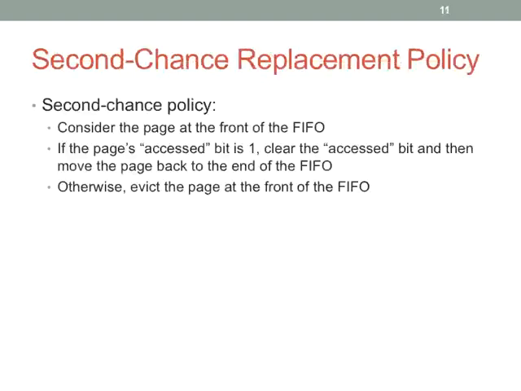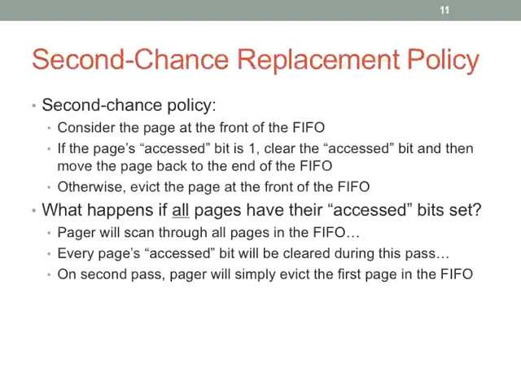That's the interesting thing about second chance, a little implementation detail. So here's the question: what happens if all pages have their access bit set? That's pretty easy to understand. The access bit is 1, so let's clear it and put the page at the back of the FIFO. All of the pages go through in order like that.